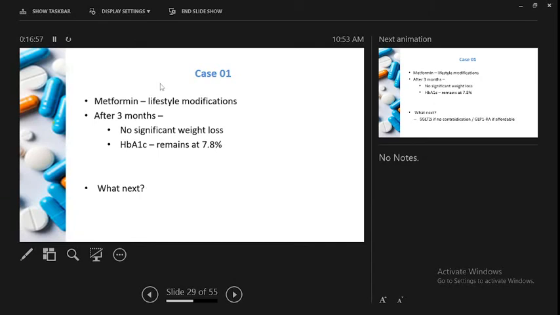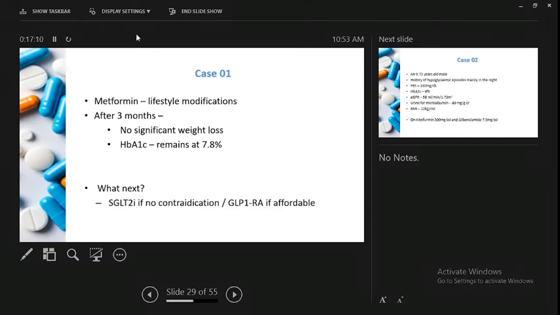Okay, so let's go back to our patient. As this patient didn't reduce weight significantly, and HbA1c remained at 7.8, and we expect his HbA1c to be less than 7%, we decided to start him on an SGLT2 inhibitor. GLP-1 receptor agonist can be considered if it is affordable and if the patient is willing to take an injectable.